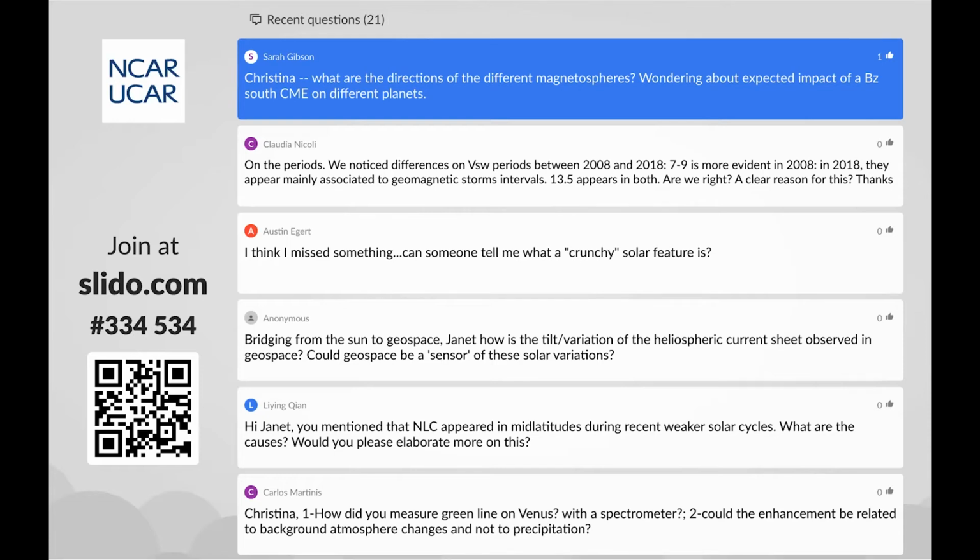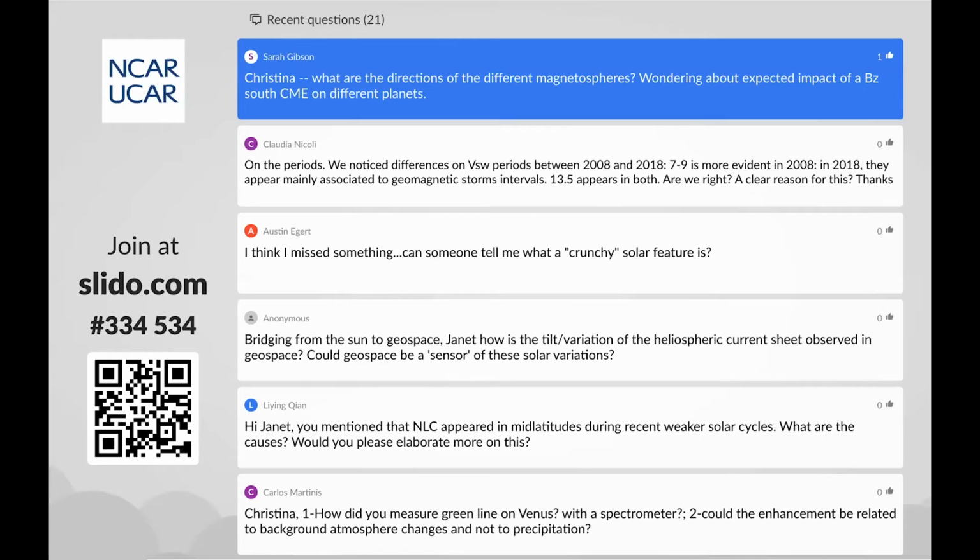And then for the ice giants, for Uranus and Neptune, it's almost anybody's guess at this point, because as Christina said, their dipoles are offset and tilted, but the planet's rotation axis itself is also tilted.